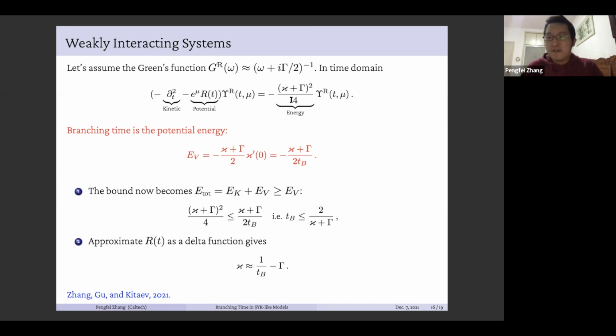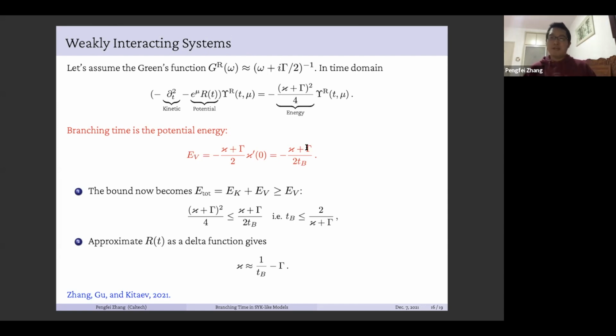Now we can again use the Feynman-Hellmann theorem to derive the relation of the branching time to the potential energy. The branching time is the derivative of the Lyapunov exponent, so we can take the derivative of this total energy with respect to mu. Using the Feynman-Hellmann theorem, this derivative gives you the potential energy. So we can show the potential energy is just proportional to 1 over the branching time.